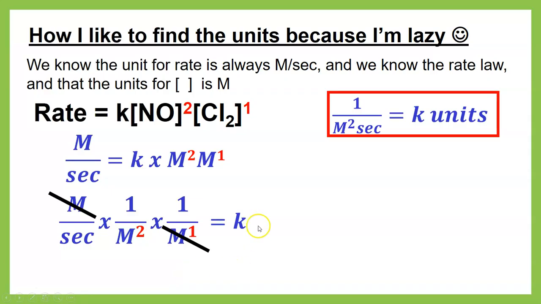I like doing this off to the side as almost like a little separate problem to figure out the units. I don't like to try to do it all at the same time as finding the actual number, personally. Some people just memorize it. They just memorize, I know exactly what the units are if it's a third order reaction. Great. Sounds good. Okay, I'm too lazy for that. I'd rather scratch it out on my paper.